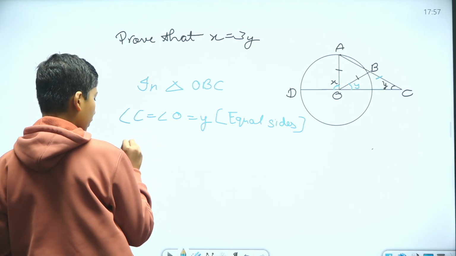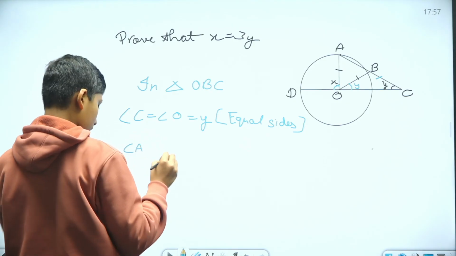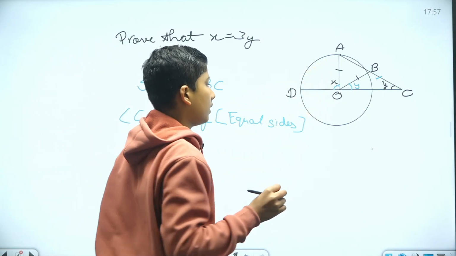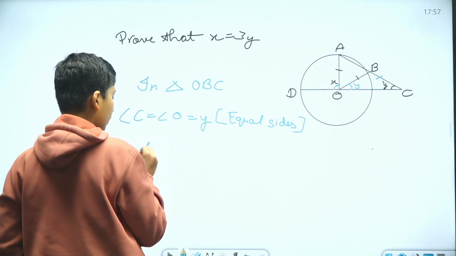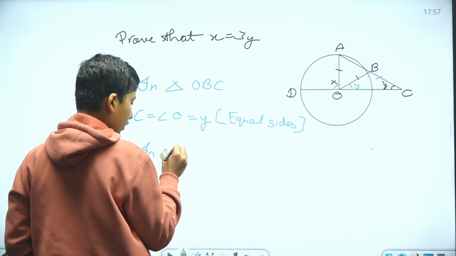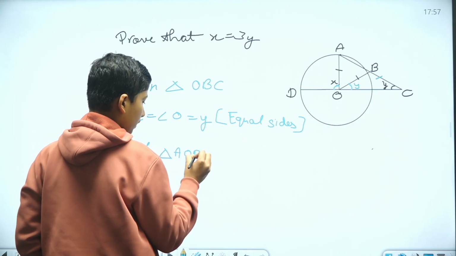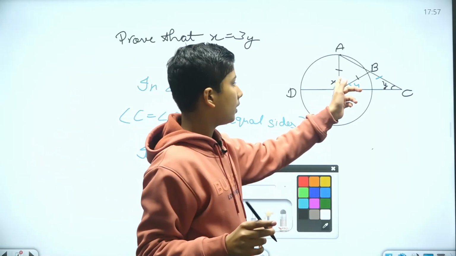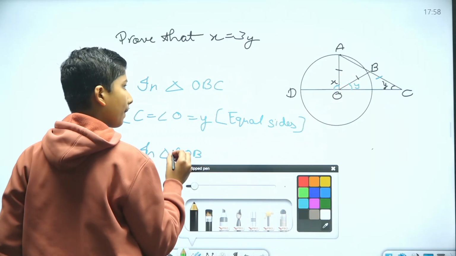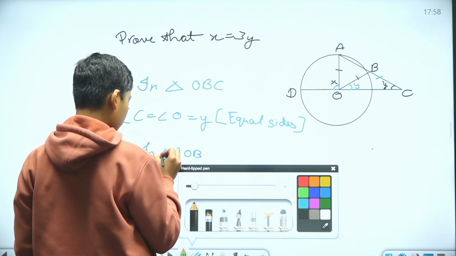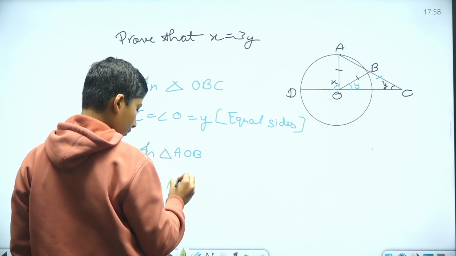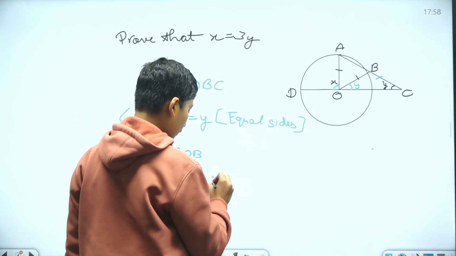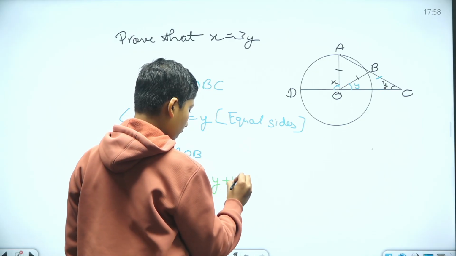Angle AOB. In triangle AOB, angle ABO equal to y plus y.